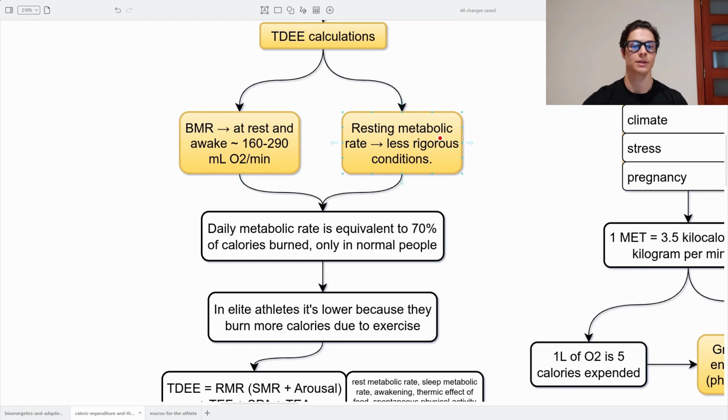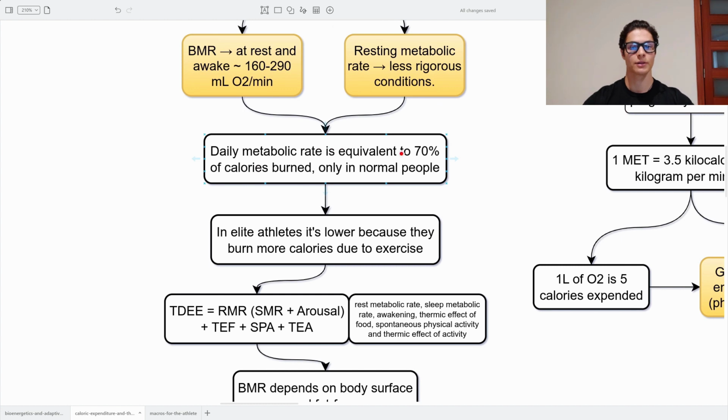On the other hand, the resting metabolic rate has less rigorous conditions. The daily metabolic rate is equivalent to 70% of the calories burned, but only in normal people, because in athletes, it's lower, because they burn a lot more calories due to the exercise they do.